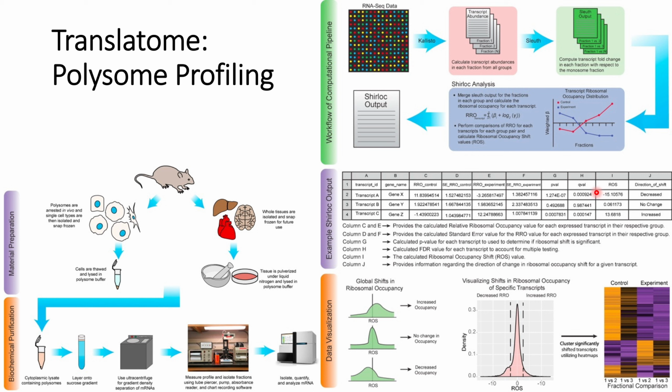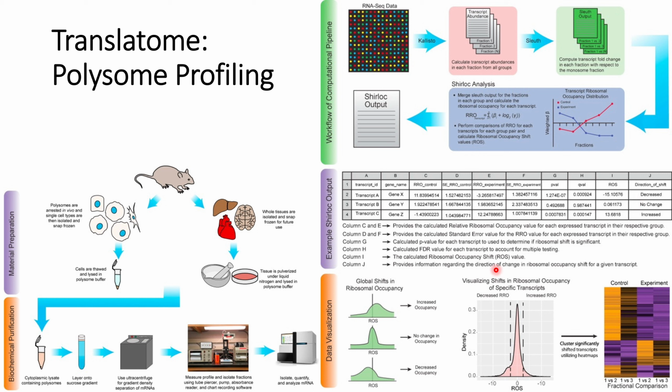Later on, the ROS is calculated. ROS is just the ribosomal occupancy shift, whether the ribosome is bound to this gene or not, and comparing it with the control value, they can identify whether there is an increase or decrease in the ribosomal occupancy. In this case, since it is a negative value, there is a decrease of the ribosomal occupancy shift.